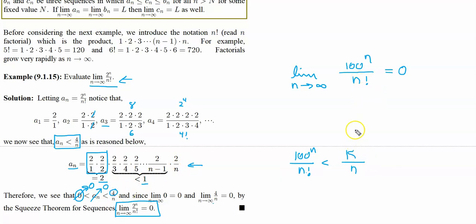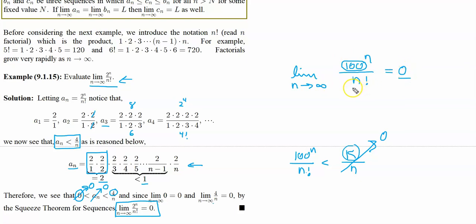Well, in this example the k would be larger than the 4, but it would still be a fixed constant over n. And since this goes to 0 as n goes to infinity, 100 to the nth power over n factorial will also go to 0. So it doesn't matter what fixed number we put in here, no matter how large it is, this limit is still going to equal 0.